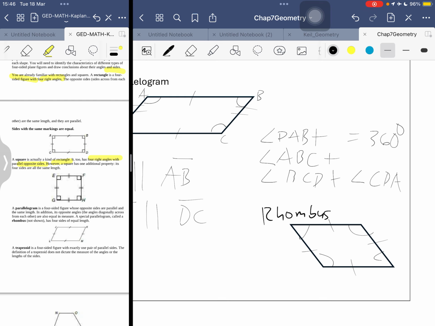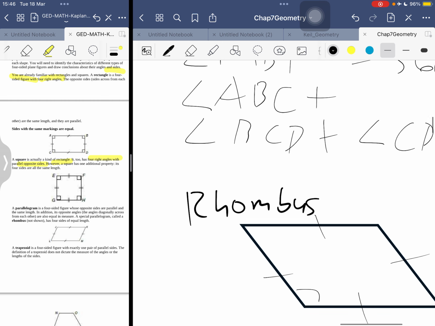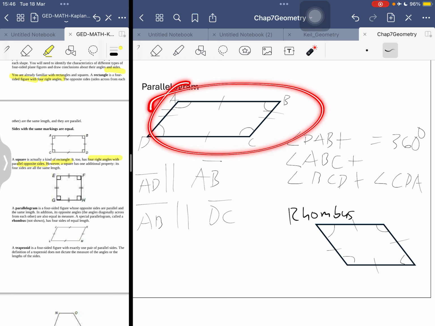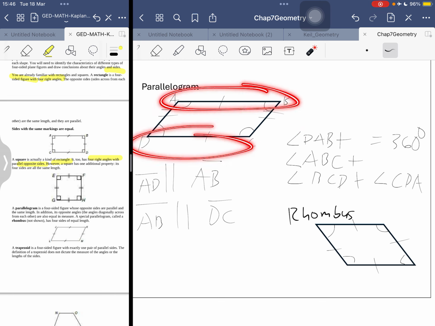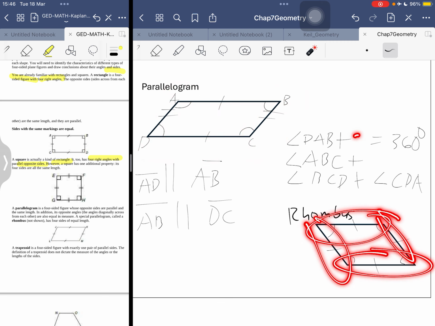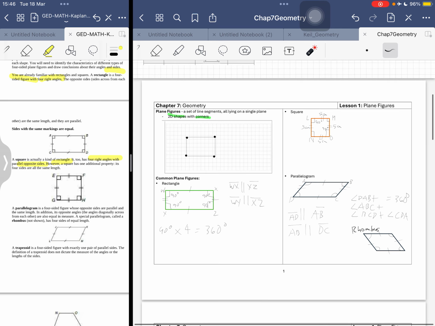That's why it is classified as a rhombus. You see the difference from a parallelogram? In a parallelogram the sides are not all equal, only the parallel ones, but in a rhombus all sides are equal.